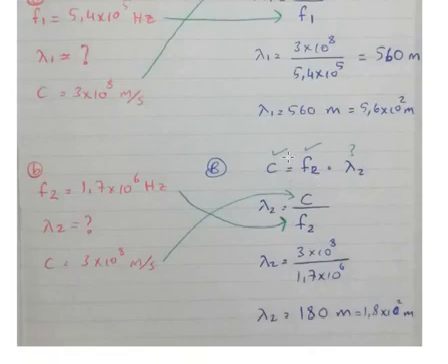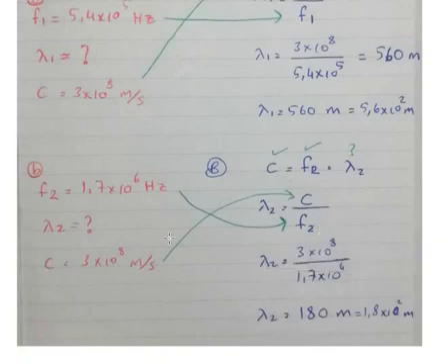So we will write the rule again. C is equal to F2 times lambda 2, the original rule, but we want to find lambda here. F and C are known, that's why we are going to change the rule. So lambda 2 is equal to C over F2: wavelength equals speed of light over the second frequency.